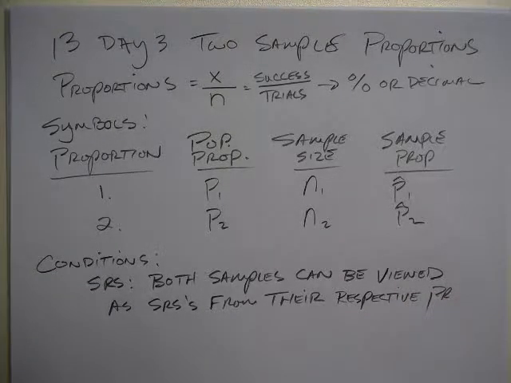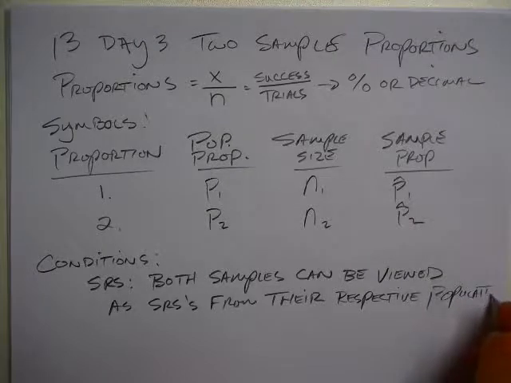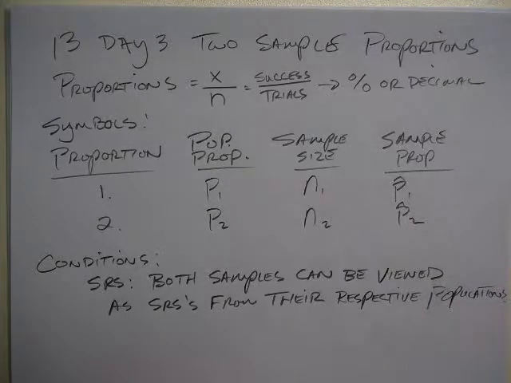I'm sorry, I said proportions there. It should be populations from their respective populations. Cram that in there.